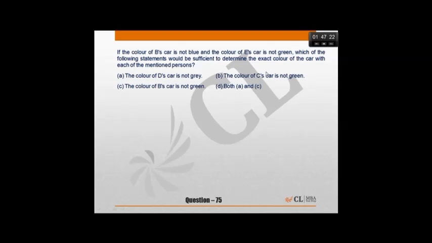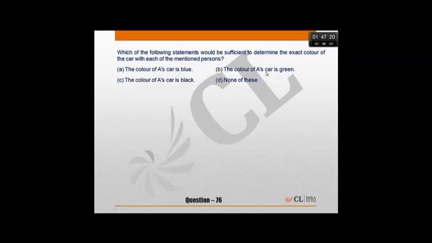Let me look at question 76 first because this is talking about three different colors of A. So if I focus on A, it should get me the answer. The five people are A, B, C, D, and E. And let me look at the colors of their cars also.